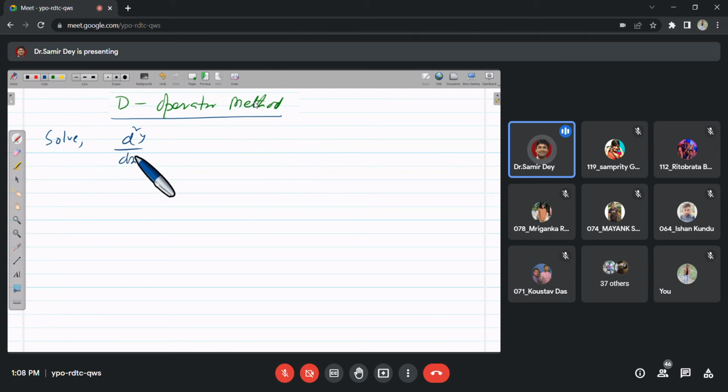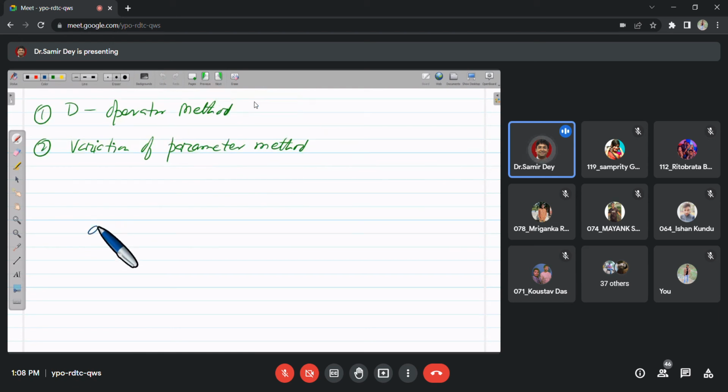d square y/dx square plus 5 dy/dx plus 6y is equal to e to the power 6x, suppose we have. But I can tell you this example, if I consider here d square y/dx square plus 5 dy/dx plus 6y is equal to X, you can say X. Why is it X?